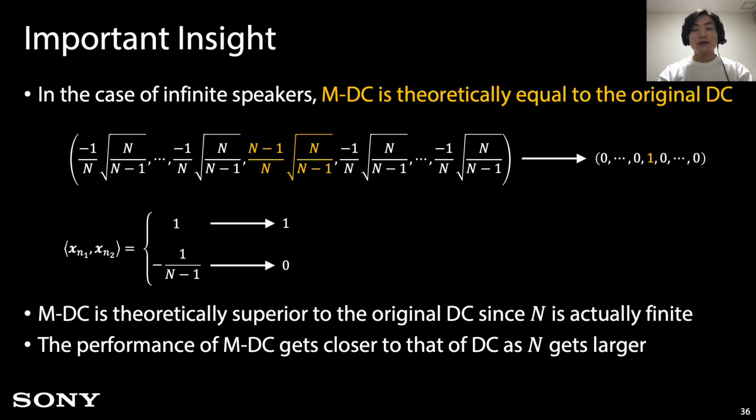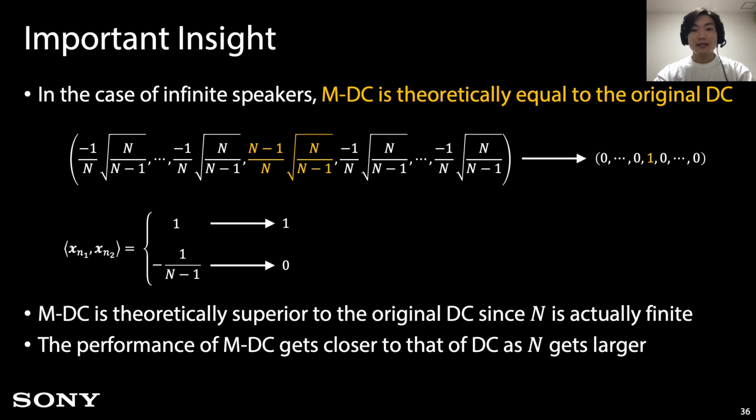Finally, we note an important insight. That is, in the case of the infinite number of speakers, MDC is theoretically equal to the original DC. There, as you may see, each vector and the value of inner products come to have binary values.